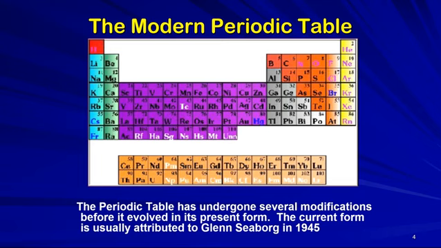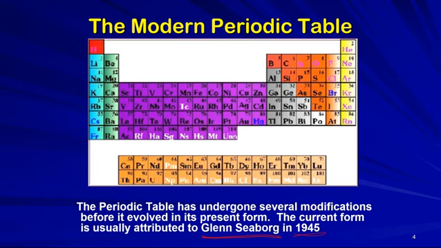Here we have our modern periodic table, which was designed by a scientist called Glenn Seaborg in 1945.